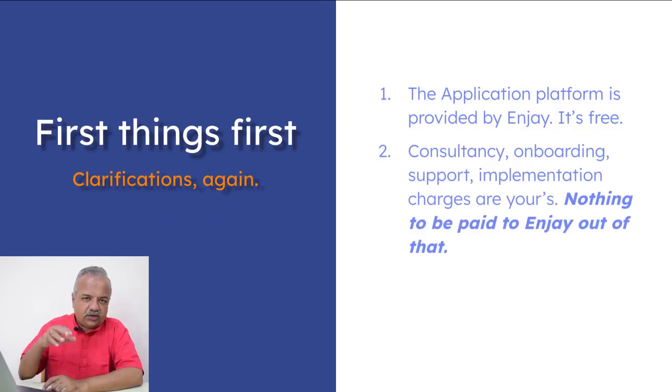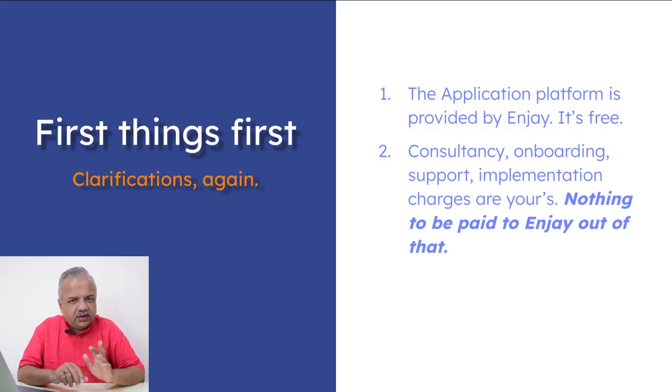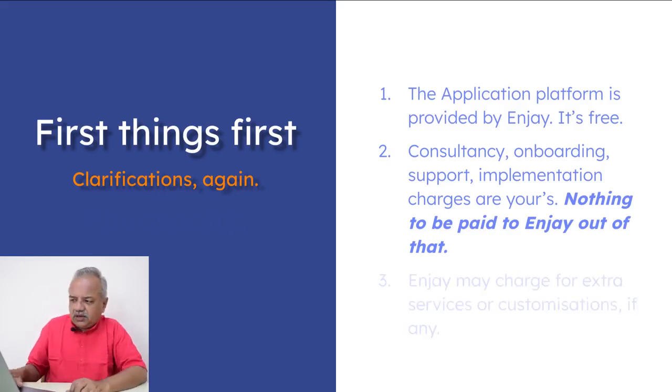That includes software, hosting charges, everything. NJ is providing all this. You are not supposed to contribute to the cost. Please understand this. The second point is that whatever consultancy, onboarding, support, implementation you are charging for is all yours. You are not supposed to share any part of it with NJ. The entire assignment is your responsibility.